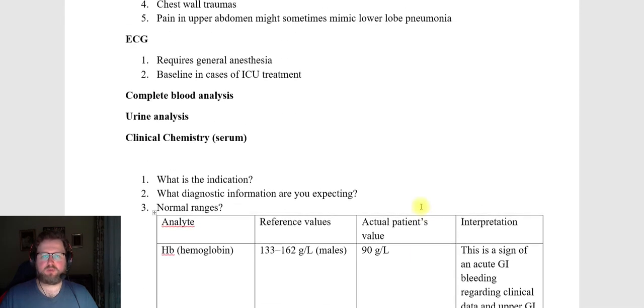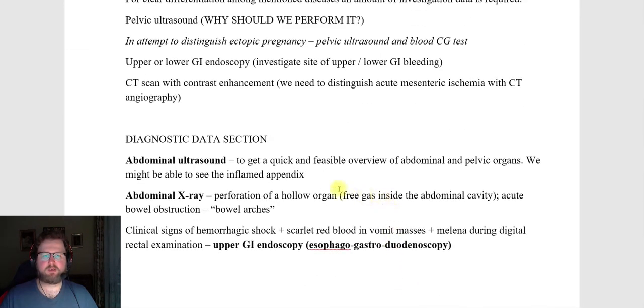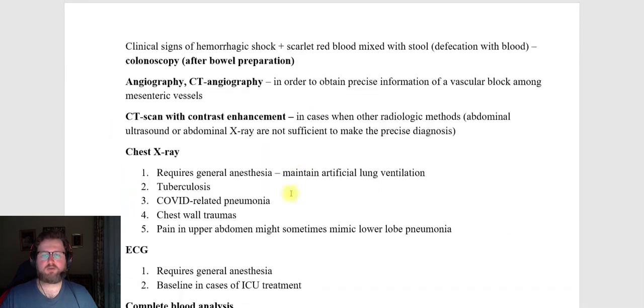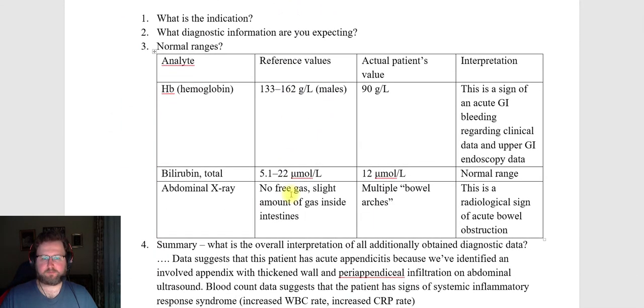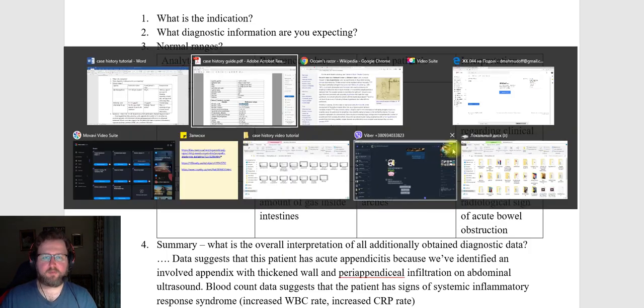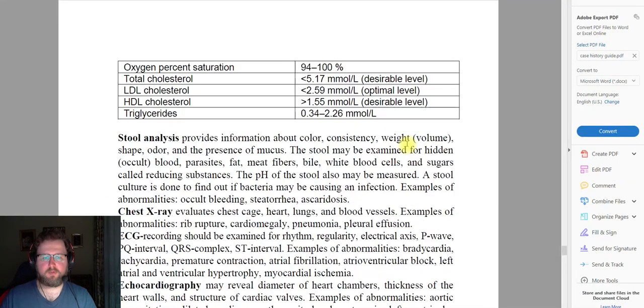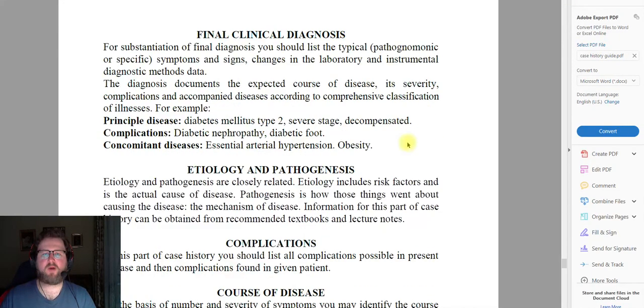Next, after you've completed the diagnostic data section the way I've described it for you, you proceed to the field of final clinical diagnosis.